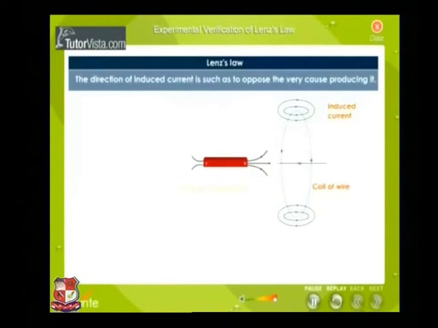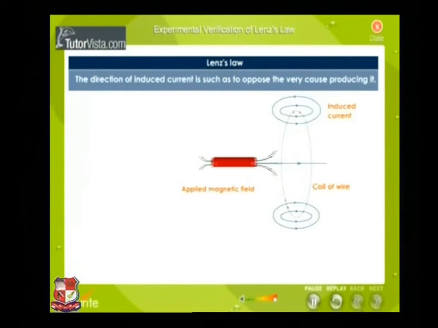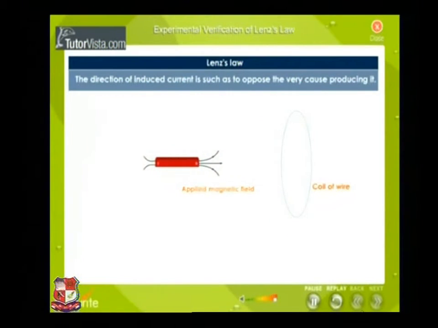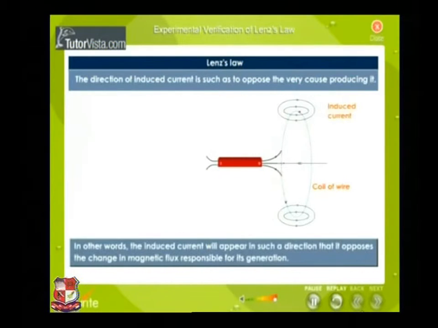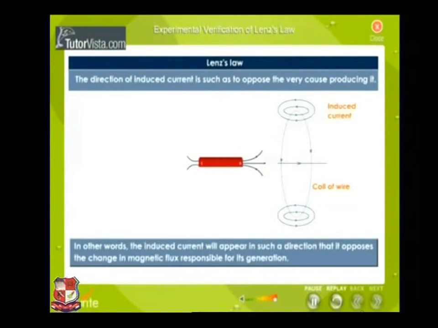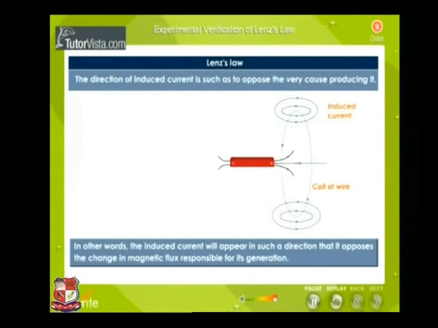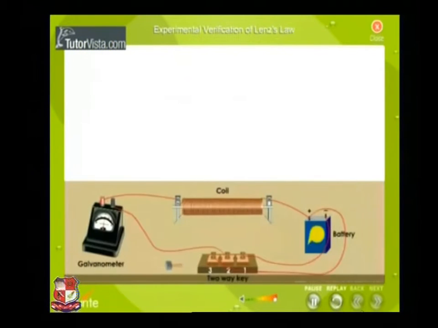Lenz's law states that the direction of induced current is such as to oppose the very cause producing it. In other words, the induced current will appear in such a direction that it opposes the change in magnetic flux responsible for its generation. Let's now prove Lenz's law experimentally.